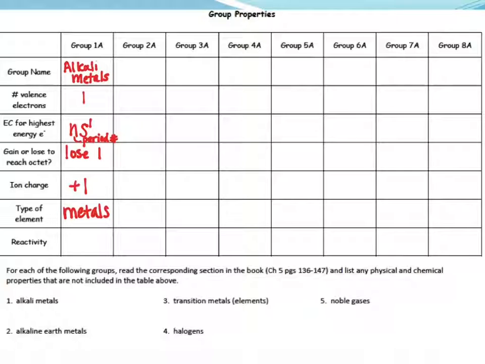Protons and electrons cancel each other out. So if I have 3 protons and I lost an electron, what's my overall charge going to be? Positive, 3 plus 2 minus gives me a plus 1. Okay, got it.